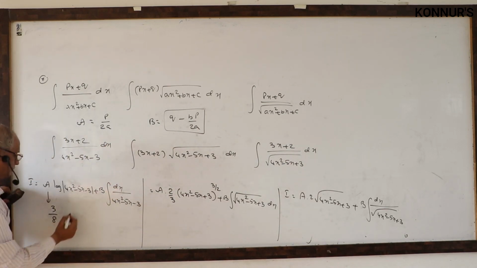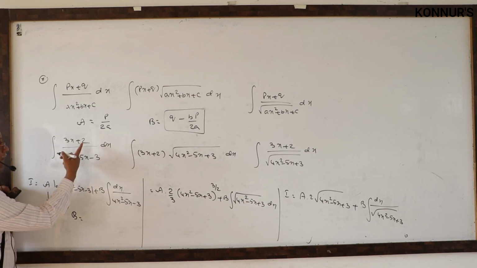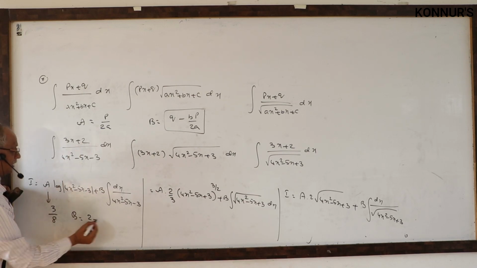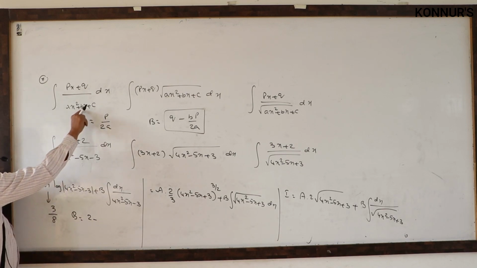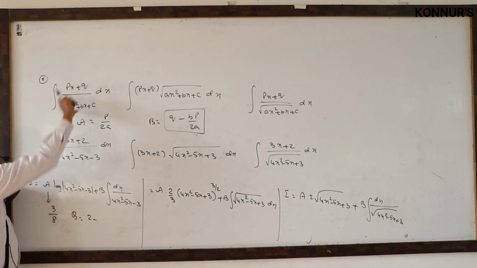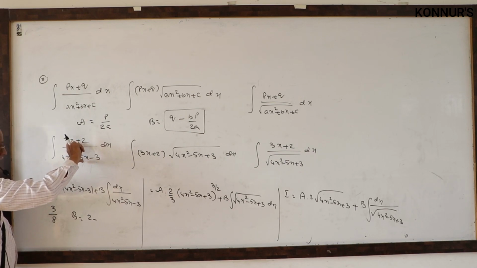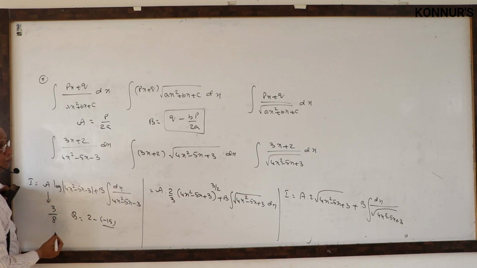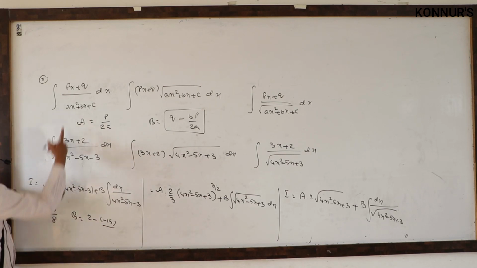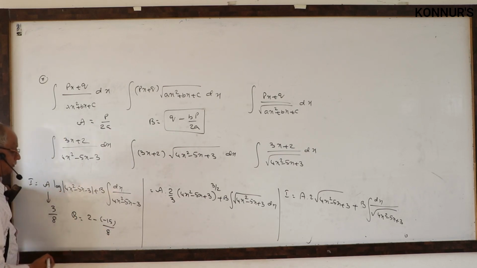Find the B value now. Q. What is the Q value? 2 minus B into P. These two. Minus 15 by 2a. What is a value? 4, 8.